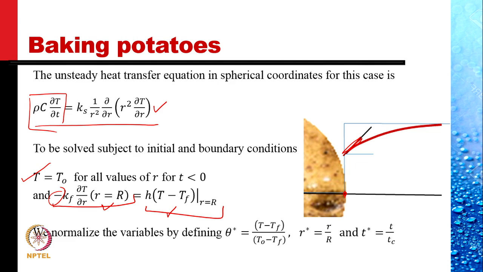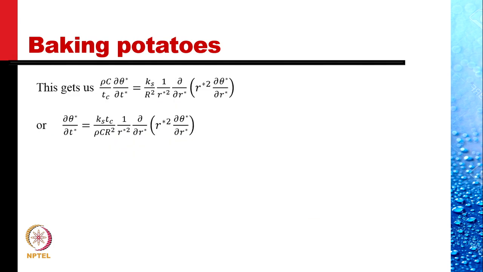We, as yet unknown, will try to determine what the Tc should be from the equations. And if we normalize the equation, this is what we get. And by making the coefficient of the first term as 1, this is the coefficient that we get here. We presume that this is of order 1 and this is of order 1, a regular behavior.